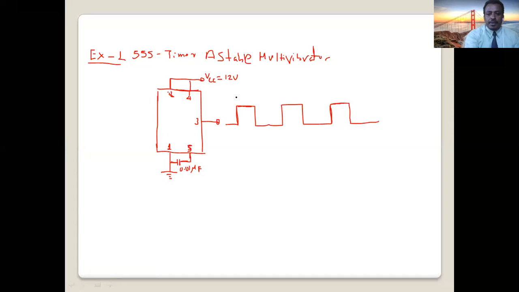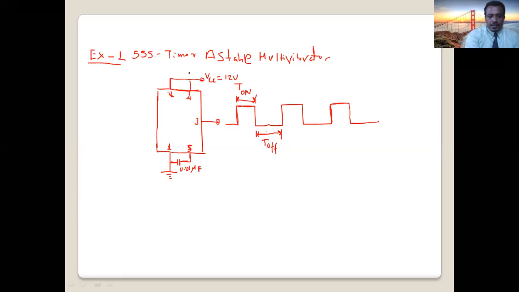So this time period where the output is on, let's say it is T on, or you can say high voltage. How long the output is low voltage, let's say it is T off. Okay, you can say T high, T low, or T on, T off.